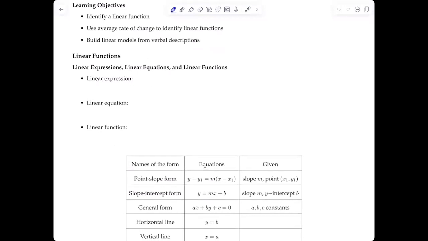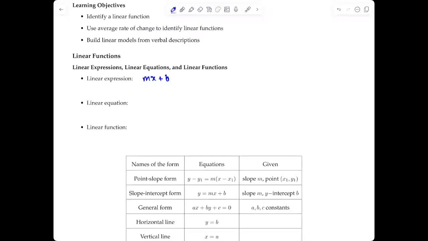For linear expressions, mx plus b, without equal to anything, just by itself, this is called a linear expression. Why is it linear? Because the variable x is raised to the first power.